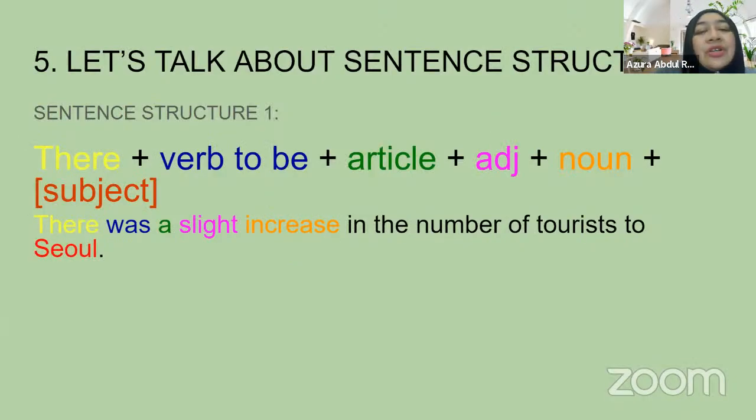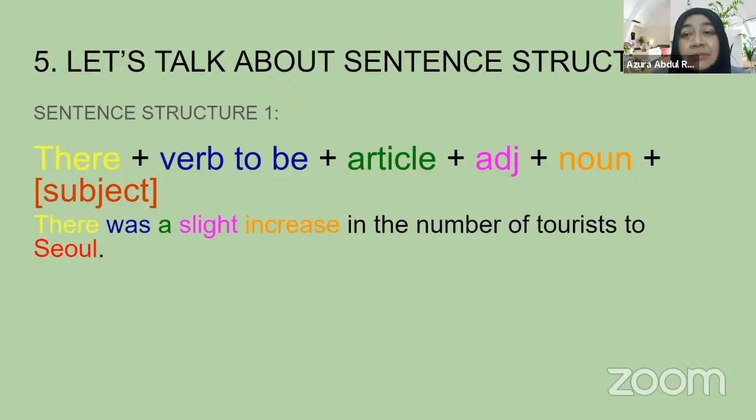Now we're going to talk about sentence structure. There are several ways of writing out a sentence when it comes to data analysis. You can start with the word there, then the verb to be, which will be is, was, are, were, depending on whether it is present tense or past tense.